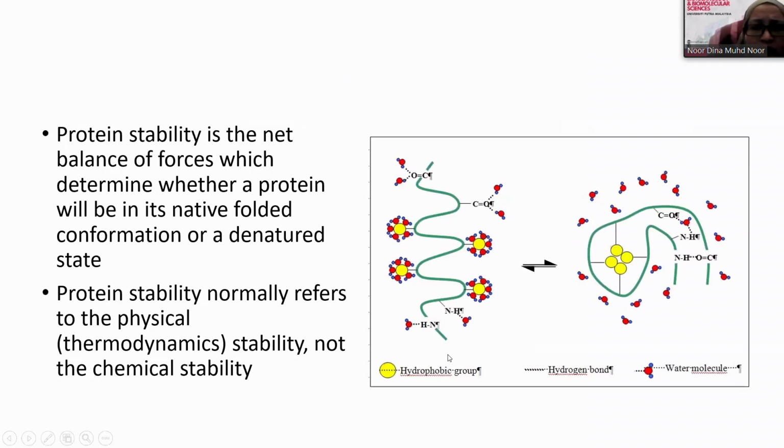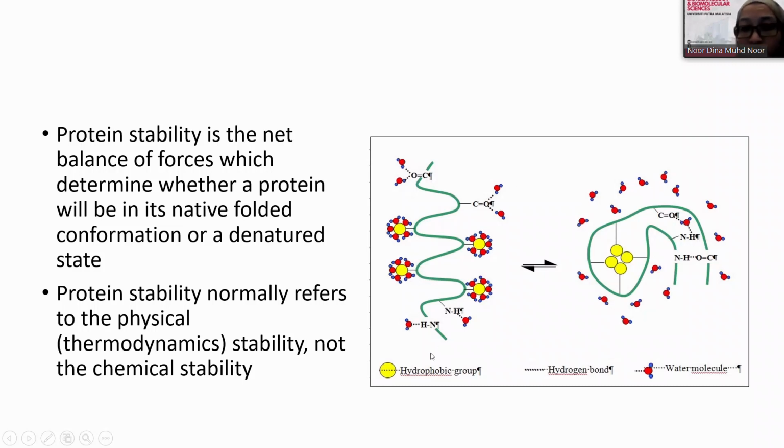Over here we have the hydrophobic group, on one strand of the protein or polypeptide. If the protein with the hydrophobic group is put into water, we have water molecules in red and blue, which represent H2O.